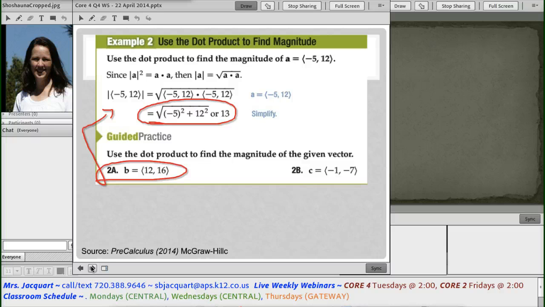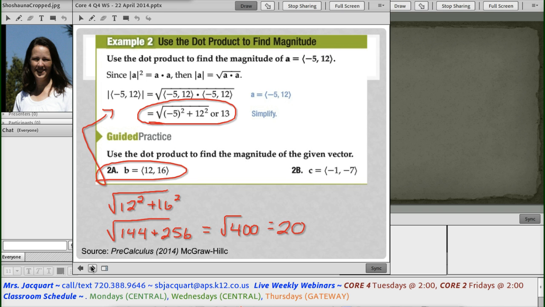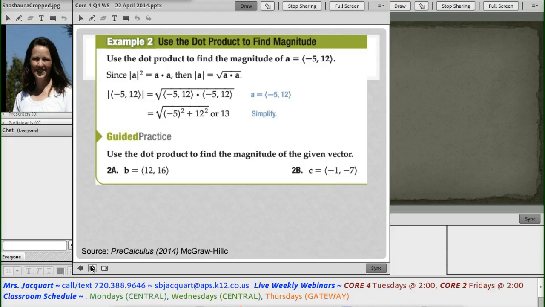So I'm going to have the square root of 12 squared plus 16 squared, which is the square root of 144 plus 256, equals square root 400, equals 20. So that would be the magnitude. Remember, magnitude and distance are a very similar concept.